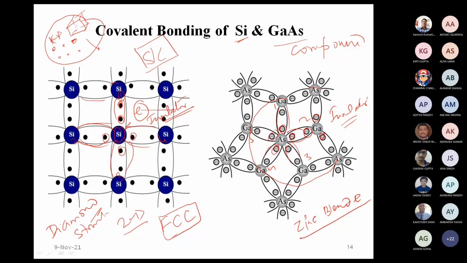With one arsenic atom, 5 gallium atoms are surrounding it. And the gallium atom size is lower compared to arsenic, so we will have more interatomic space.